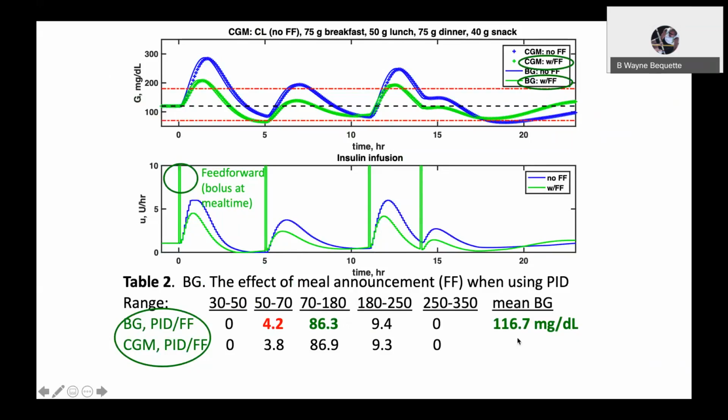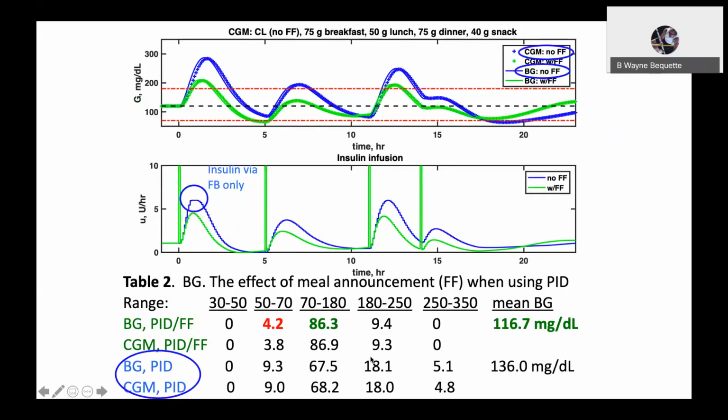And the mean blood glucose level is 116.7, which is actually pretty phenomenal. So it's very rare for an individual to actually be able to achieve that level of performance. And then the CGM, because it lags the blood glucose, has slightly different metrics.